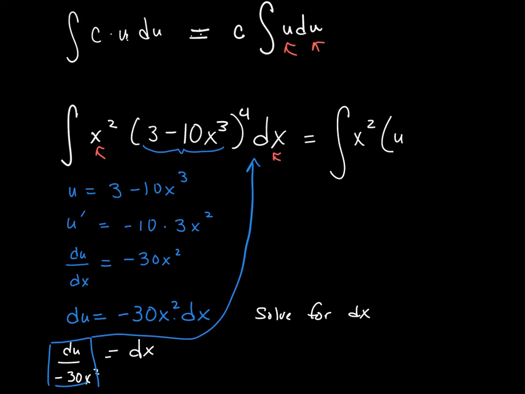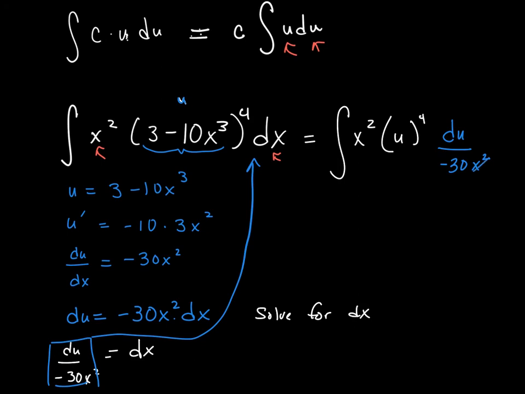I'm going to change this to u, because we've said I want u to be everything inside those parentheses. And u is to the fourth power. You don't have to put parentheses in it. Sorry about that. And then I'm replacing dx with du over negative 30x squared.